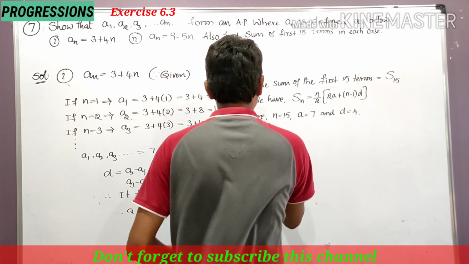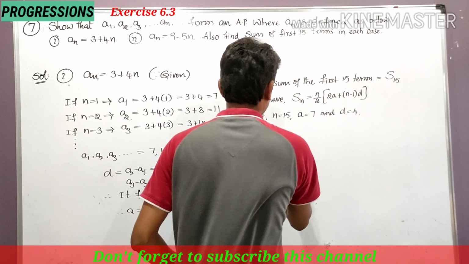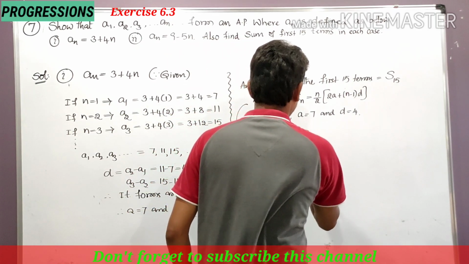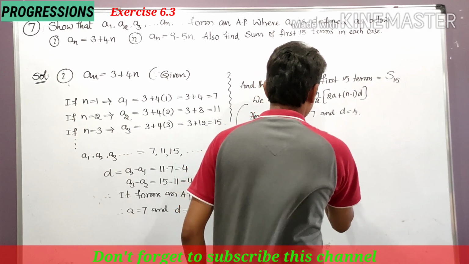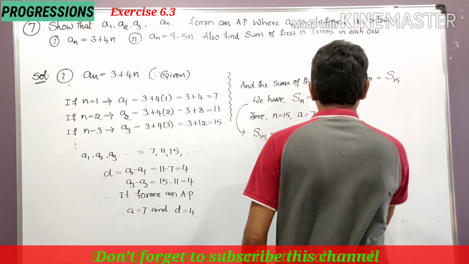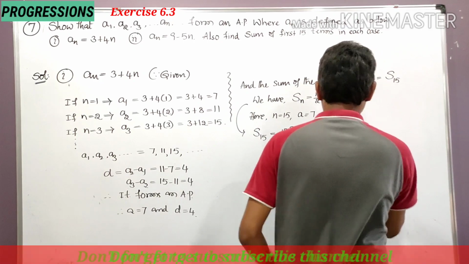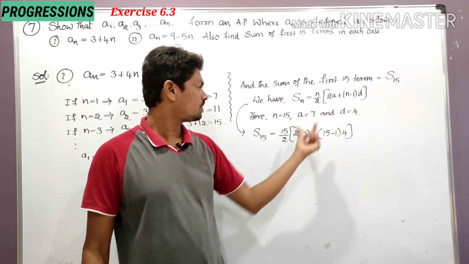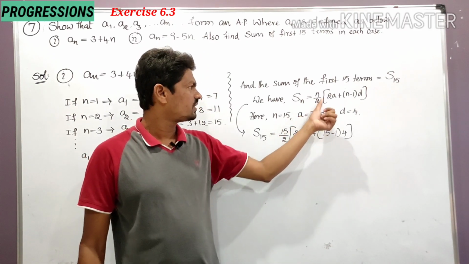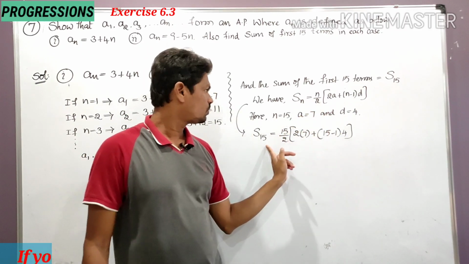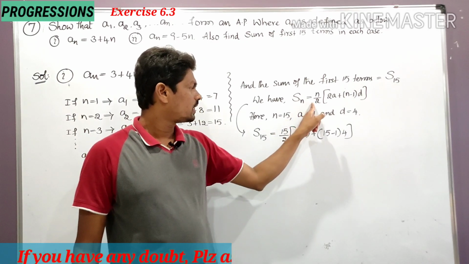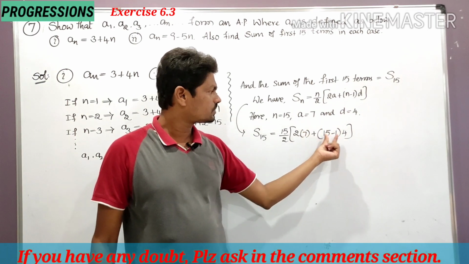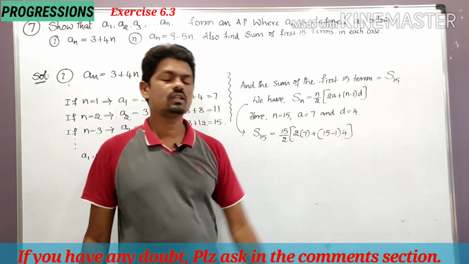So S15 is equal to n by 2, that is 15 by 2, into 2a, that is 2 into 7, plus n minus 1, that is 15 minus 1, into d, that is 4.